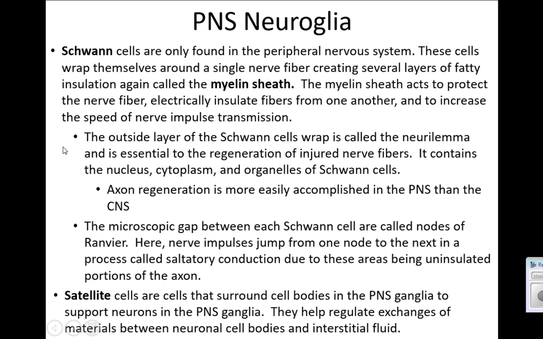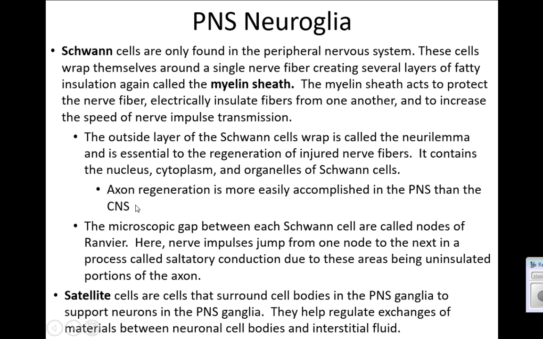Much more so than what can happen in the central nervous system, because this is common knowledge, but if you have brain or spinal cord damage, is that usually very reparable? No, generally that's permanent, right? Okay. In the peripheral nervous system, the Schwann cells help to fix that.